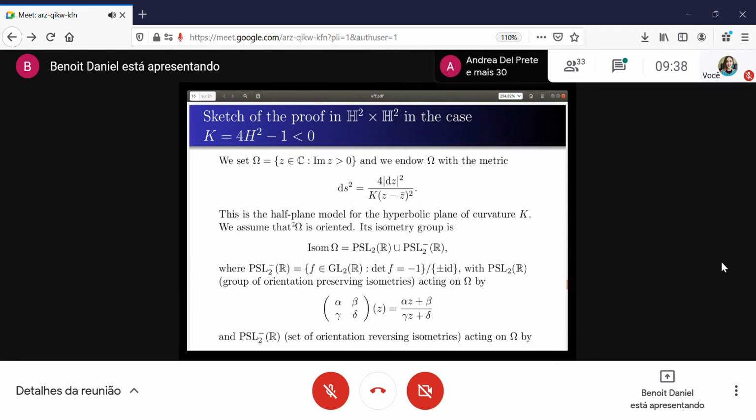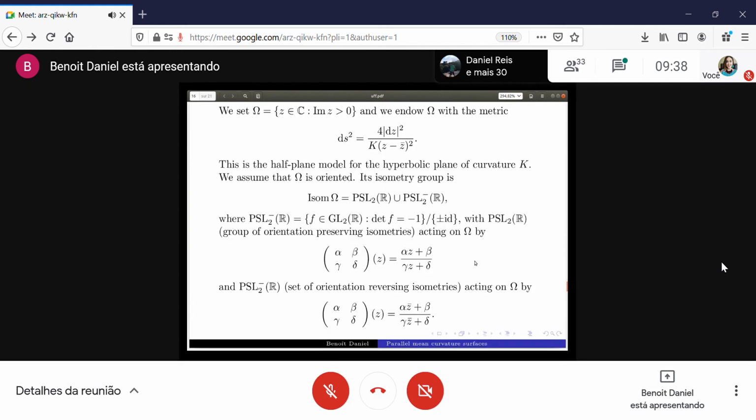I give an orientation to omega, and I consider the isometry group of omega, which is PSL2(R) union PSL2^-(R). The first one is for the direct isometries, the orientation preserving isometries, which act like this by homography.